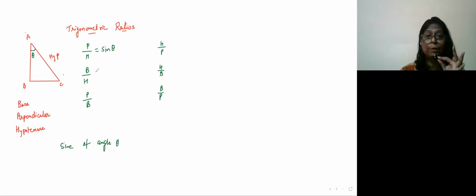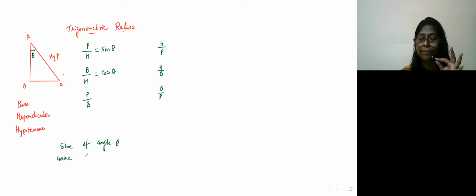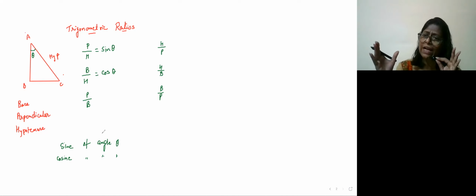Now base upon hypotenuse is cos theta. Cos is a short form of cosine of angle theta. We do not use such a long sentence, we straight away use cos theta.